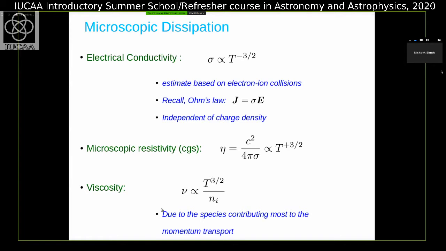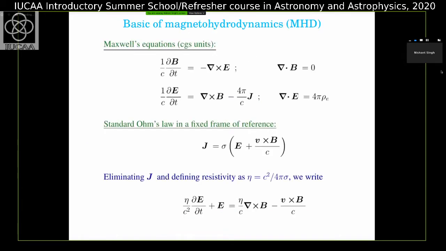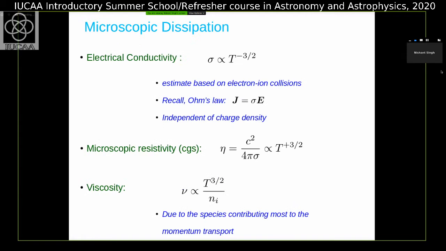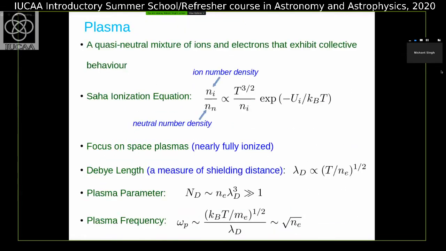And if you put it together for the Reynolds number expression that I showed before, you find that these numbers in astrophysics are typically very large. That means the dissipative processes are very small. Large Reynolds number means you are balancing the inertial terms with the dissipative terms, and the inertial terms are much more dominant.